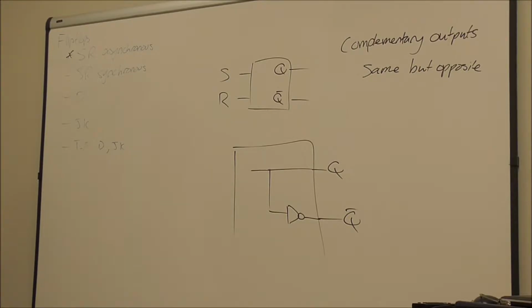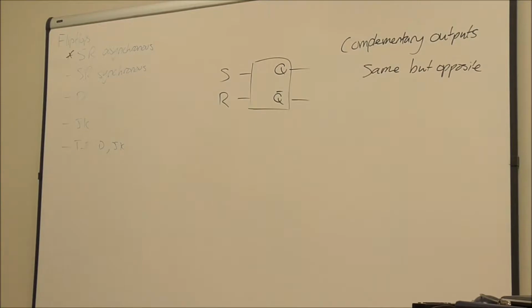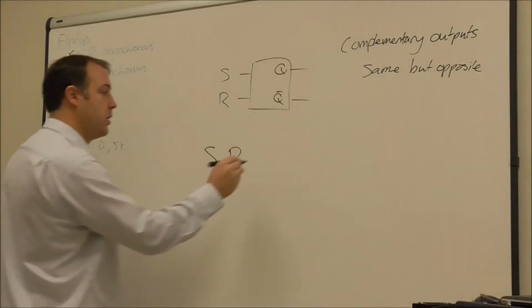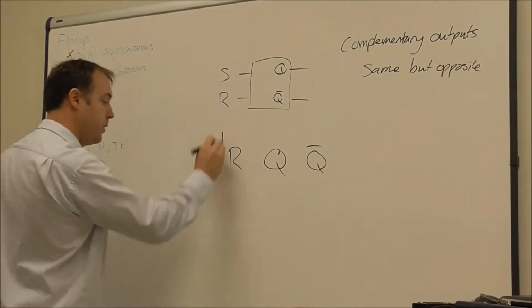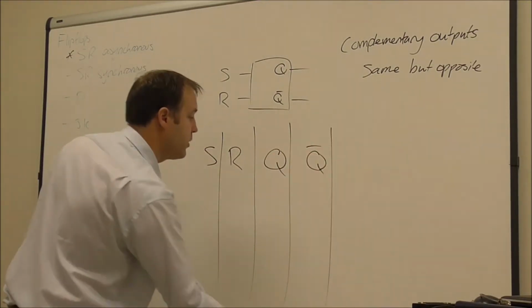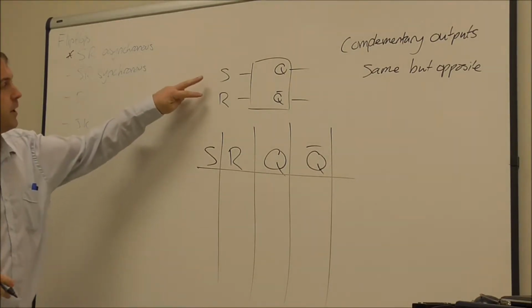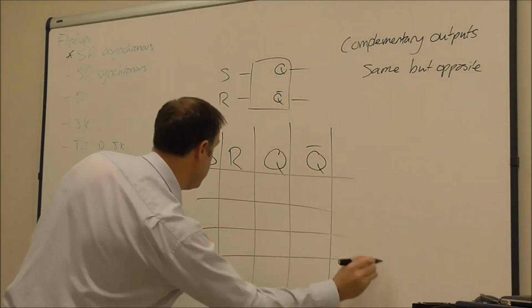One of the best ways to show the behaviour of a flip-flop is something called a truth table. So you look at the possible inputs and the outputs, and because we've got 2 possible inputs, we're going to have 2 times 2 possible input combinations, which is 4, so I'm going to need 4 rows in my truth table.